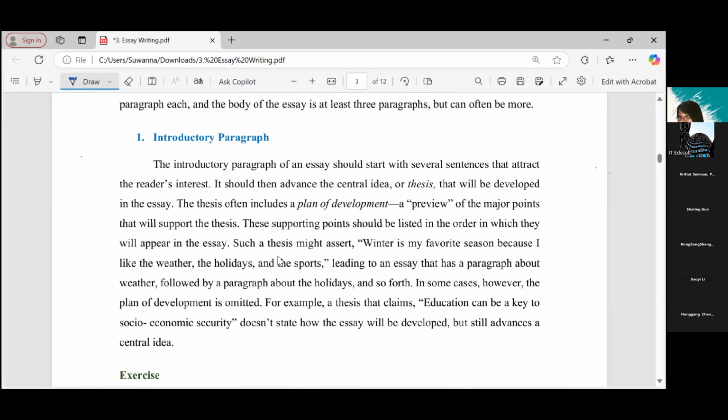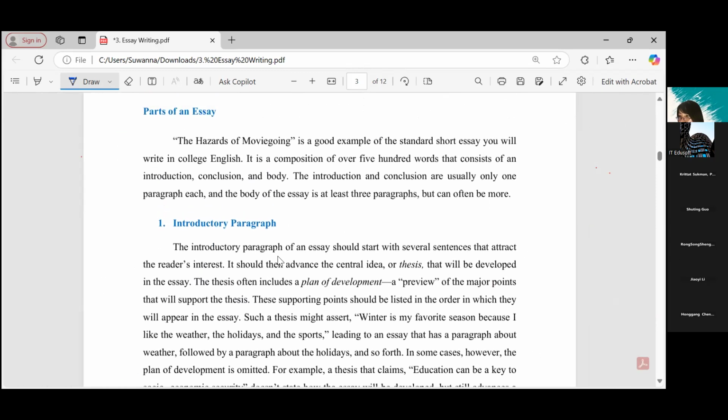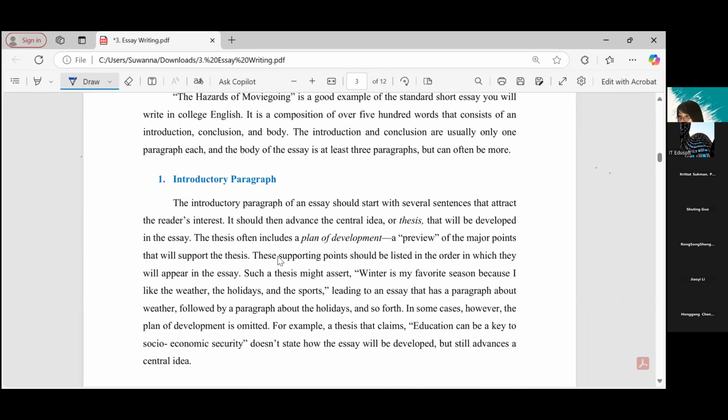As I mentioned earlier, an essay consists of three components. First, the introduction or introductory paragraph, which will be followed by many paragraphs. And then it ends with a concluding paragraph.